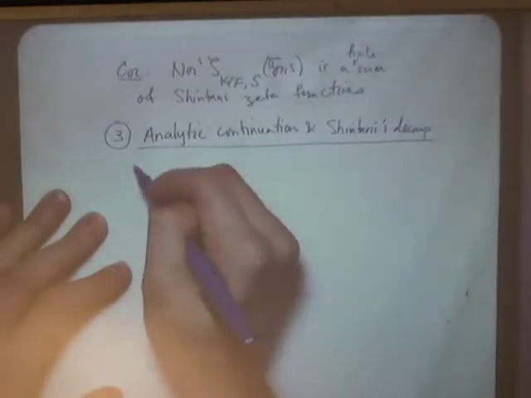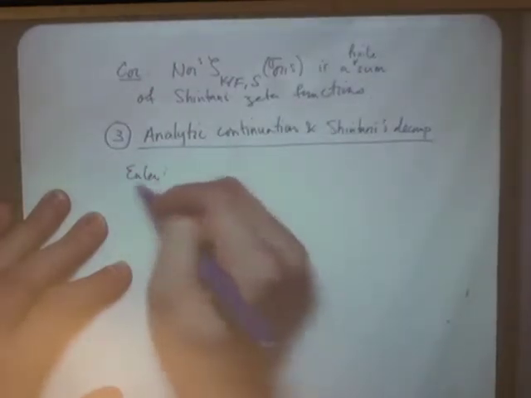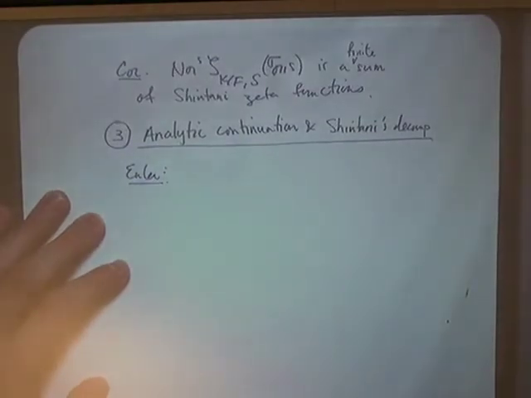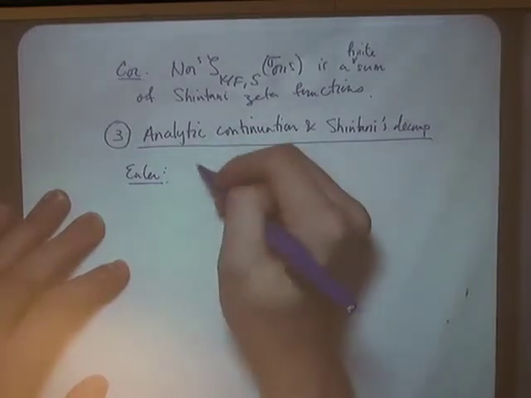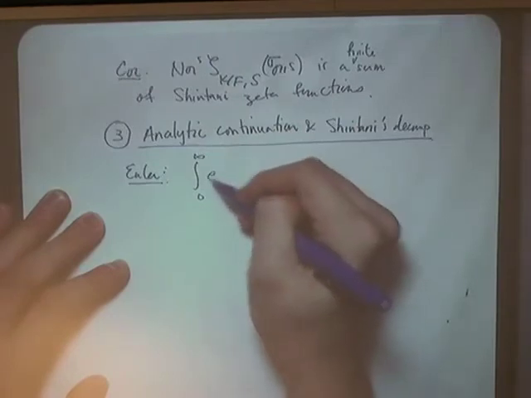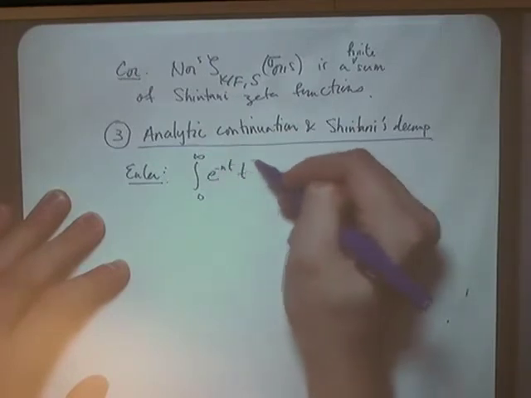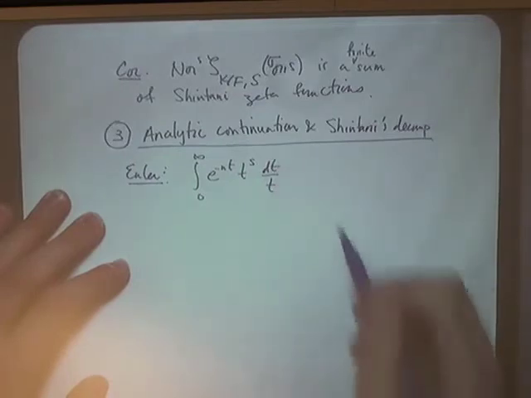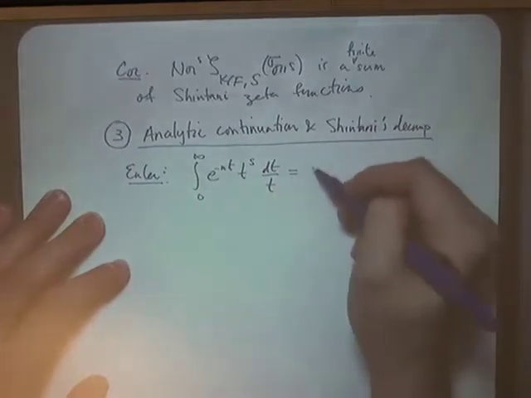So at least at the start, the analytic continuation process for Shintani zeta functions resembles Riemann's second proof of the analytic continuation of the Riemann zeta function. It starts off with Euler's integral, which is the integral from 0 to infinity of e to the minus nt, t to the s, dt over t. If you do a change of variable, you'll get the gamma function coming out.